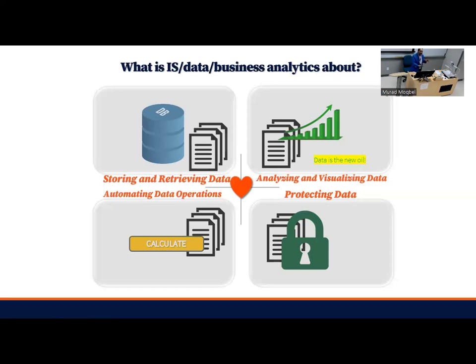Then we store that data, we retrieve that data, we analyze that data, we visualize, we automate that data, and secure that data so we can transform that data to useful information, and we redistribute it to the other units of the organization so they can make decisions that help reduce waste, improve efficiencies, and at the end of the day, to make decisions that will improve our bottom line profitability.